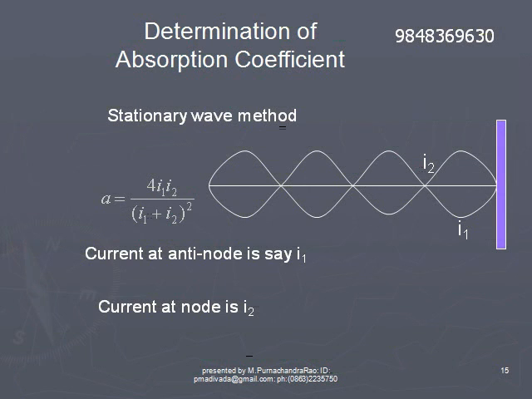Then the absorption coefficient is given by the relation a is equal to 4 I1 I2 divided by (I1 plus I2) whole square. Using this relation, we measure the absorption coefficient.